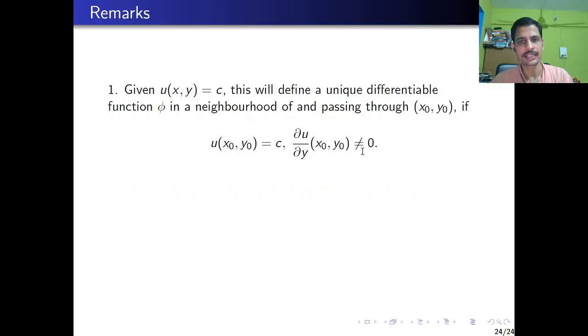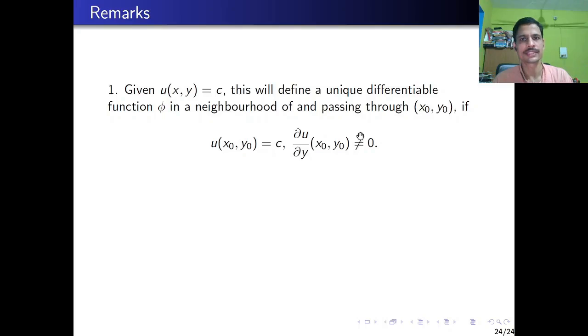In that case, you can actually find in a small neighborhood of the point (x0, y0) an expression of the solution y is equal to some phi of x. Here you can find an explicit solution.